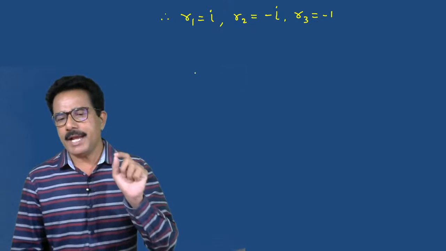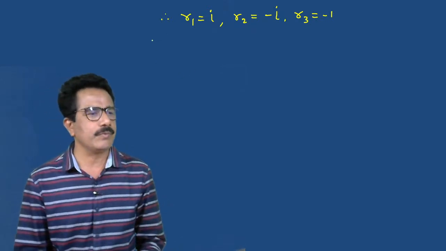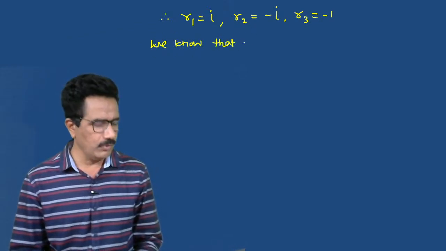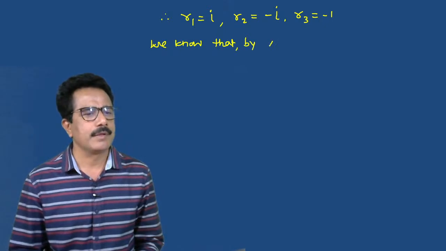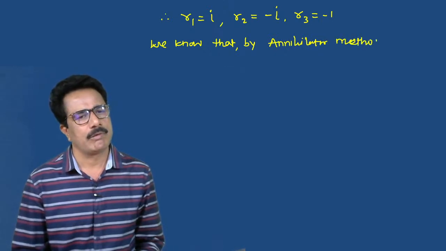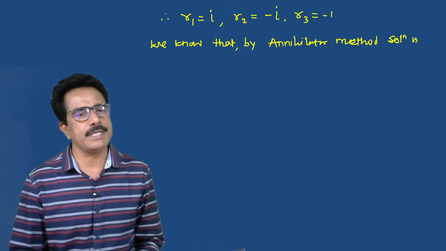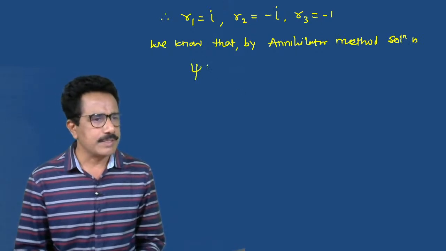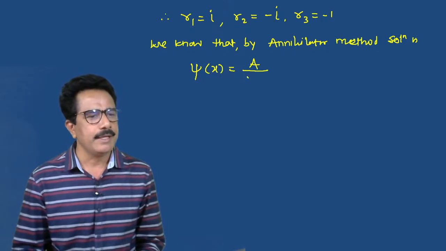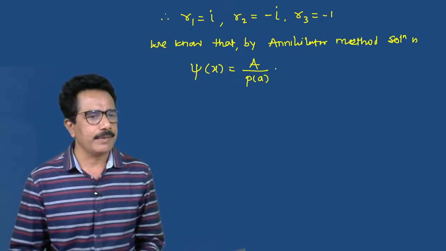Now by the annihilator method, the solution is psi of x equals A divided by P of a into e raised to ax.